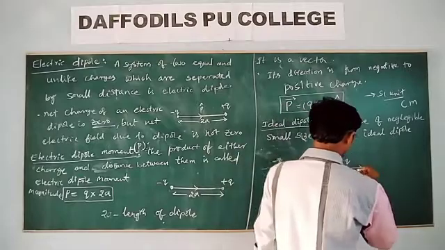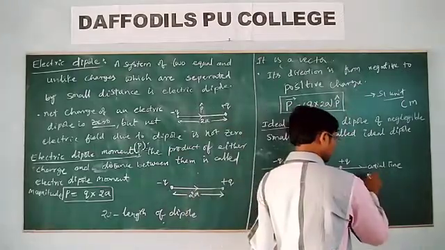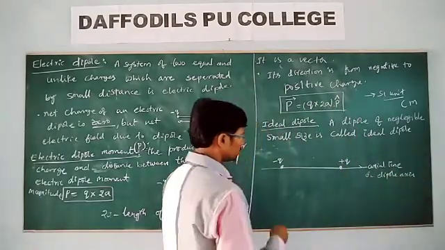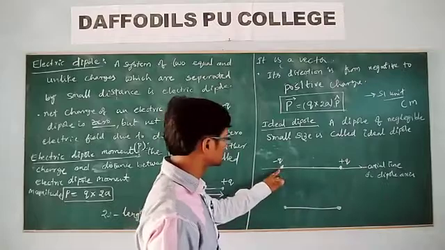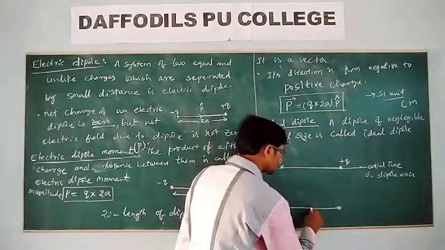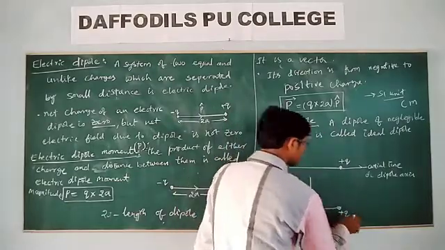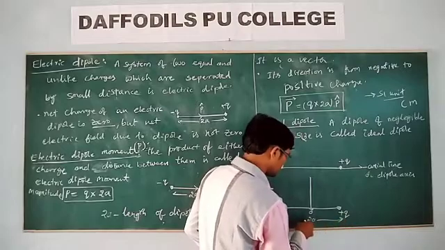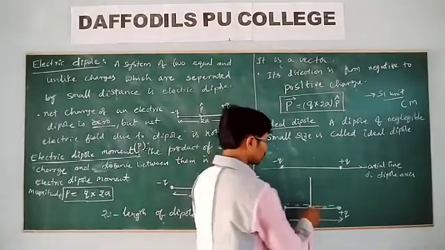This is the center of the dipole, and this is 2a, with a on each side of the center.